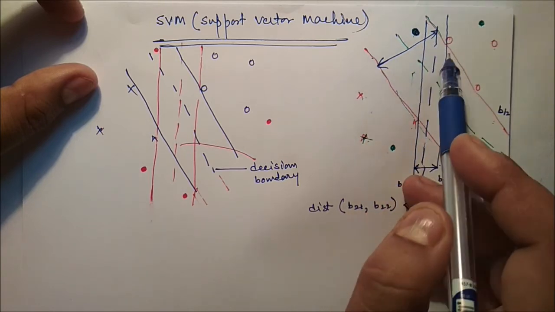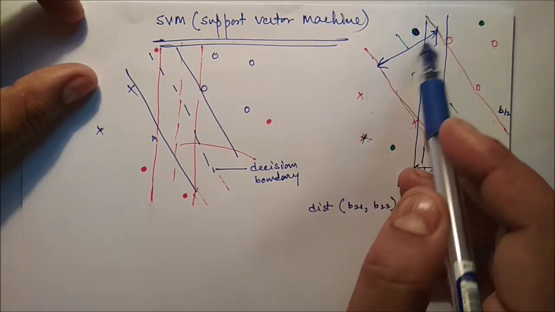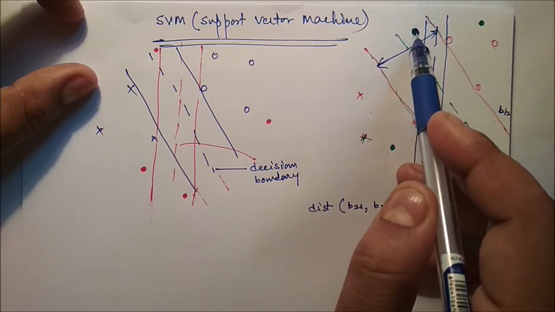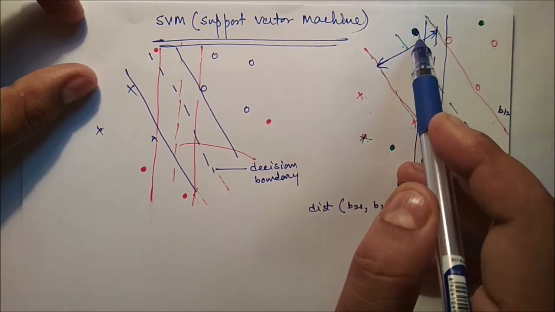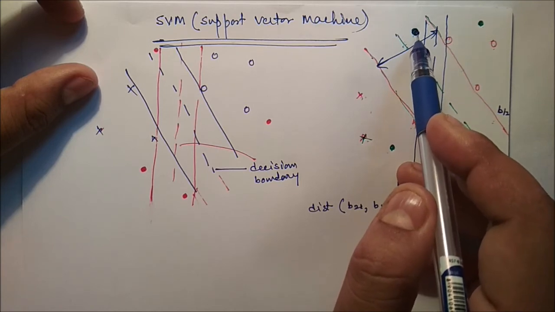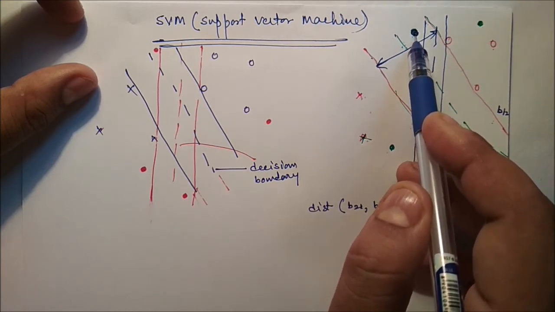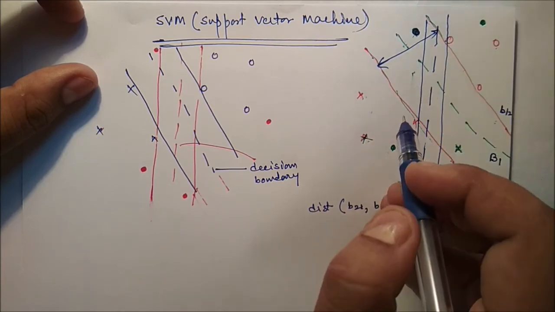So you must select the maximum margin. If you select the maximum one, you can see this is on the right side of this particular decision boundary, and hence we can assume that the class label of this data should be the circle, not the cross.